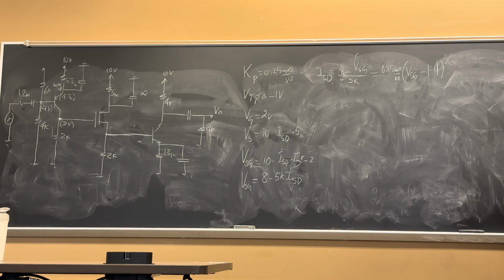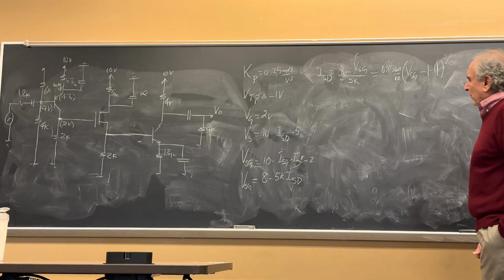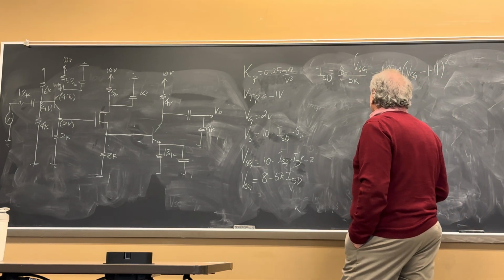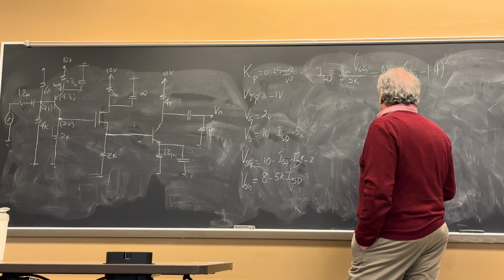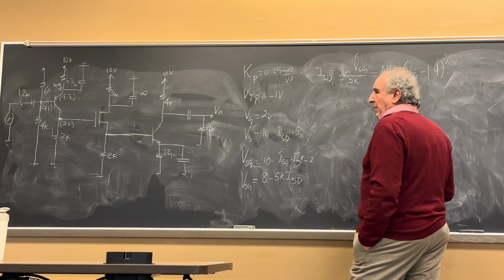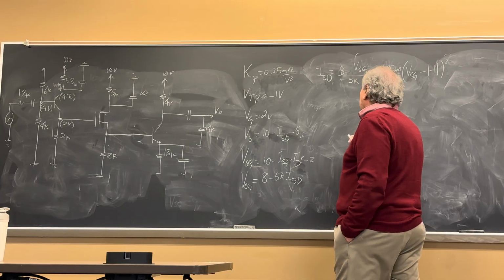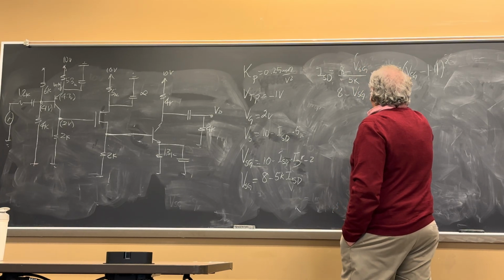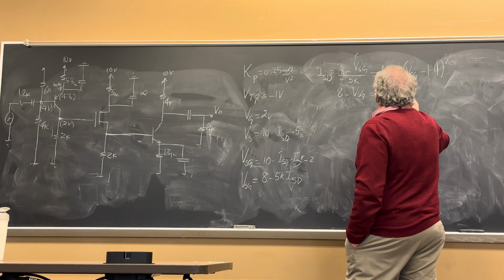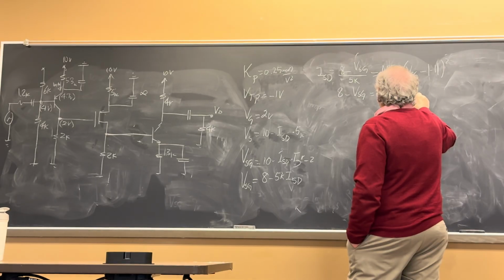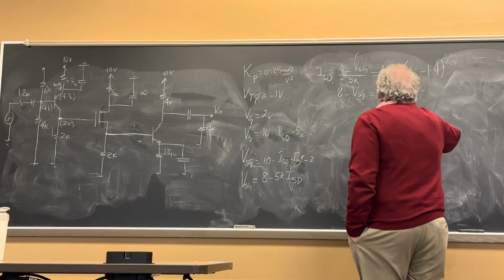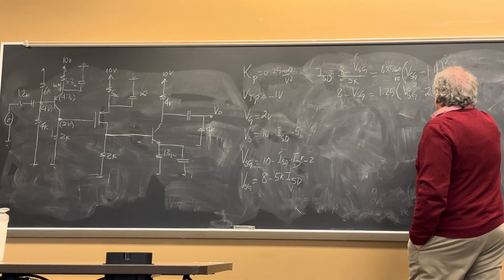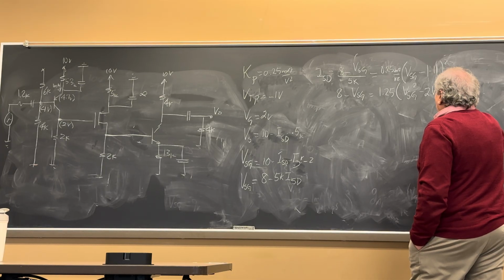Let's see, can we normalize this so I don't have to do fractions? I'm sure the numbers will come out nice. Multiply both sides by 10. 8 minus VSG equals 1.25 times (VSG squared minus 2 VSG plus 1).